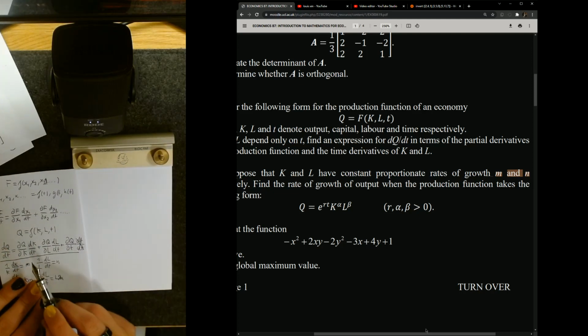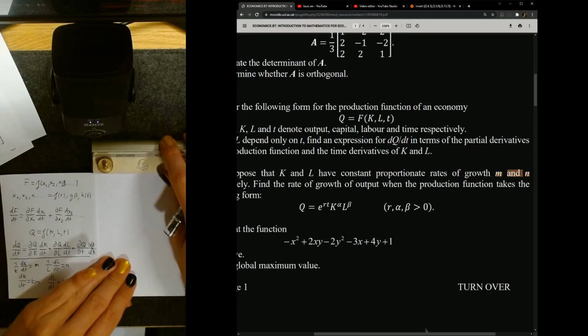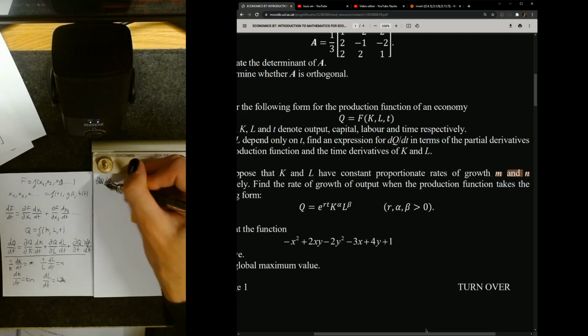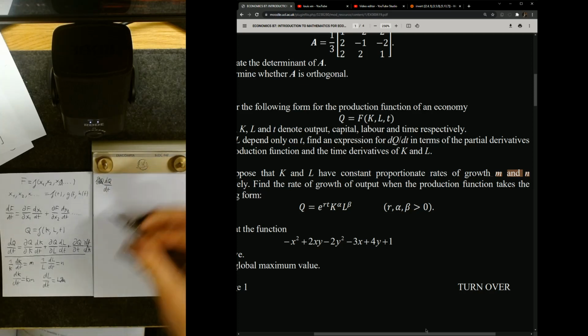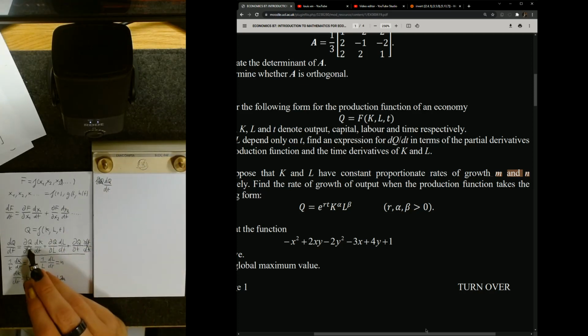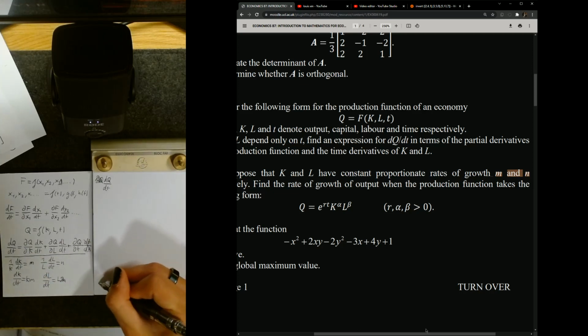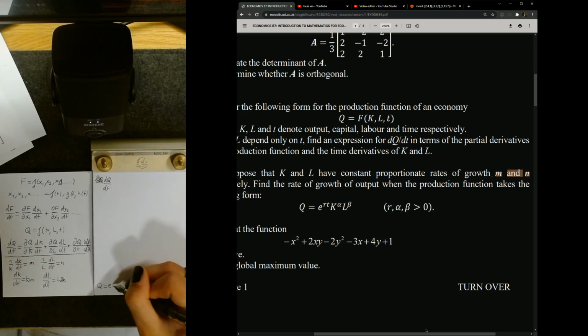So, we've got our formula here, so we're going to write it in terms of this formula. We've got the real derivative of Q with respect to t is going to be, well, first of all, let's look here. The partial derivative of Q with respect to K. Our function, let me write that function at the bottom. We've got Q is equal to e^(rt) K^alpha L^beta.